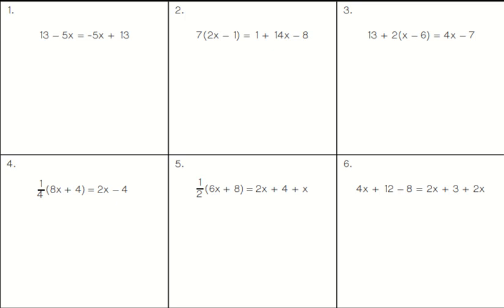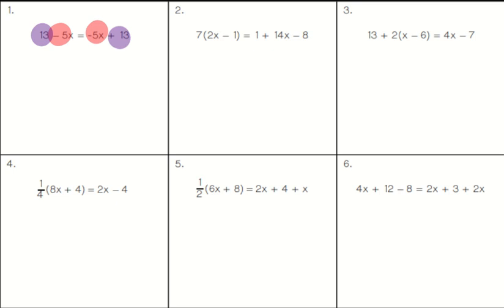So if we look at number 1 here, my coefficients: I got a -5 and a -5. So my coefficients are the same. That means it's either no solution or infinite solution, okay? Then we look at the constant. I got a +13, +13, same constant.